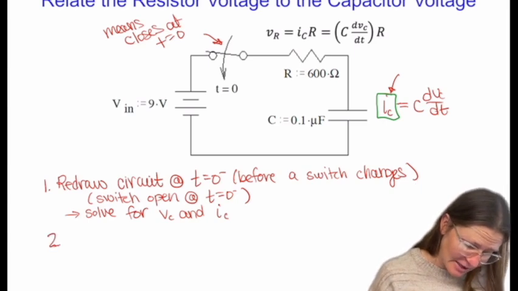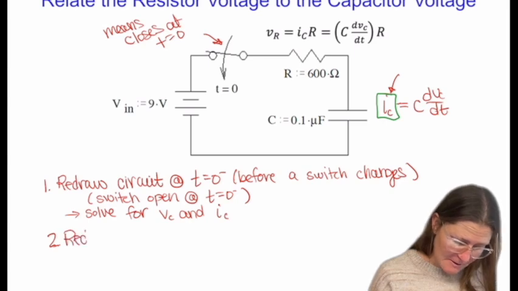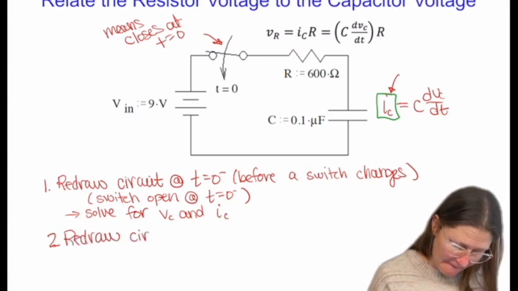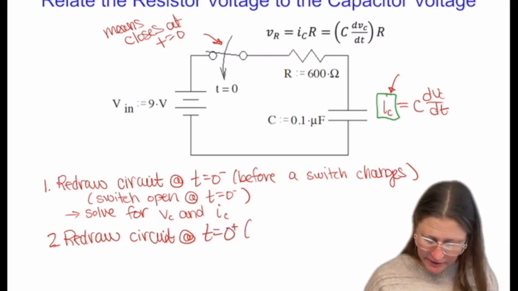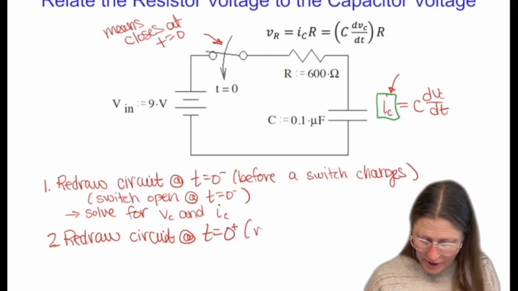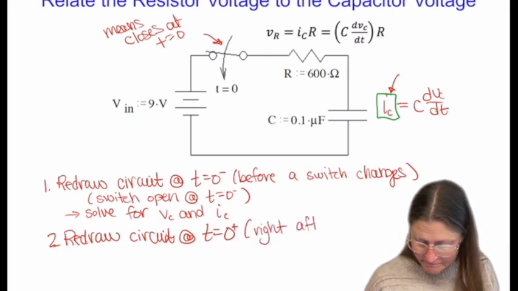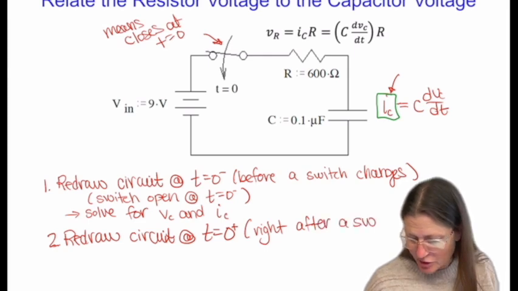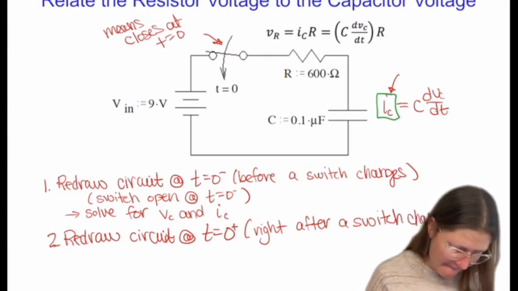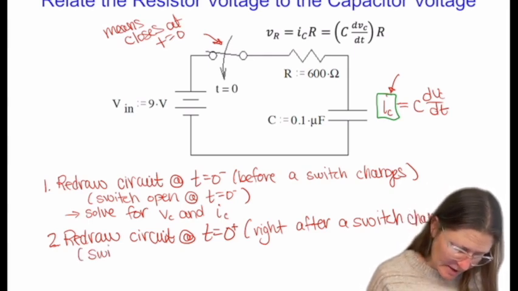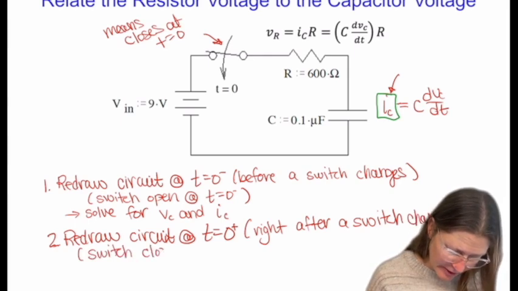Okay, so then the second step would be to redraw it. And I call this 0 plus, and this is right after the switch changes. In this case, the switch closes at t equals 0.